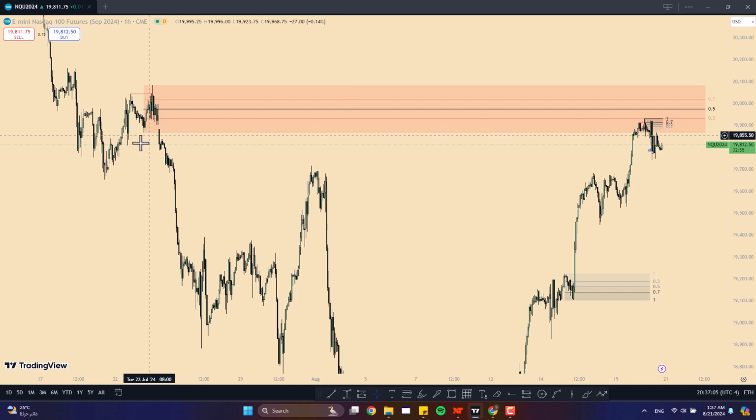We can refine this zone right here. Old zones to the left, we can expect them to offer pullbacks, right? Maybe to this zone, I don't know, or the pullback can end from this imbalance or something like that. But we can expect pullbacks from this old zone.